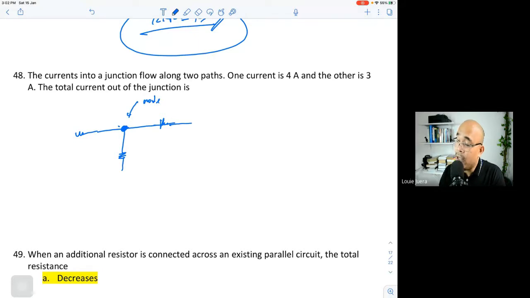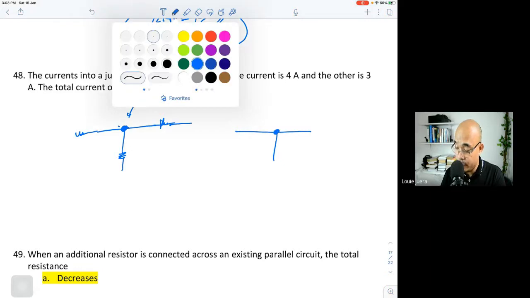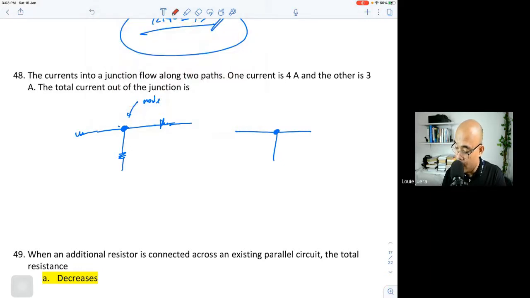So according to this problem here, we cannot assume that this is a resistance, but basically the junction looks like this. So the current goes along two paths. One current is 4 amperes, this is 4 amperes, and the other is 3 amperes.